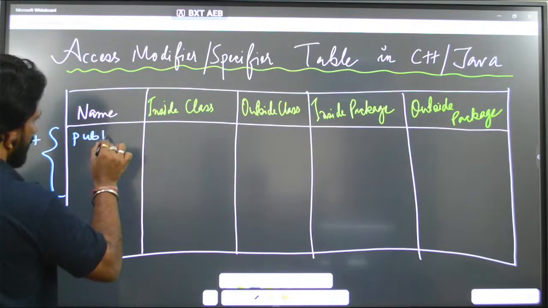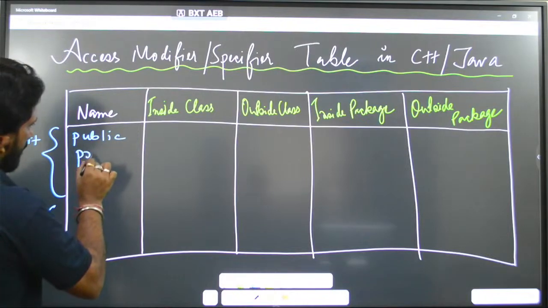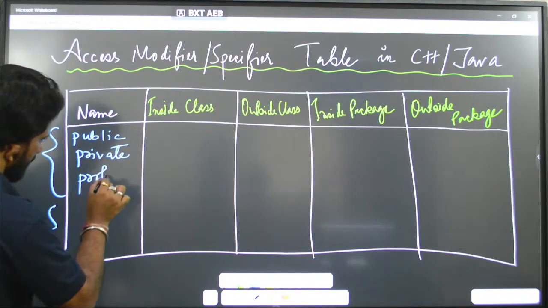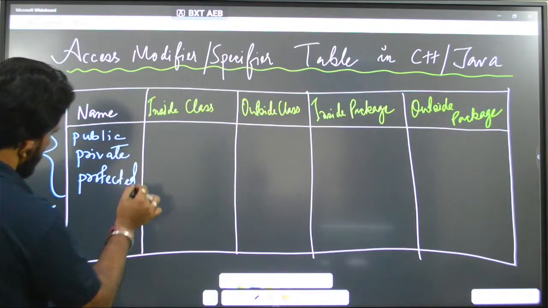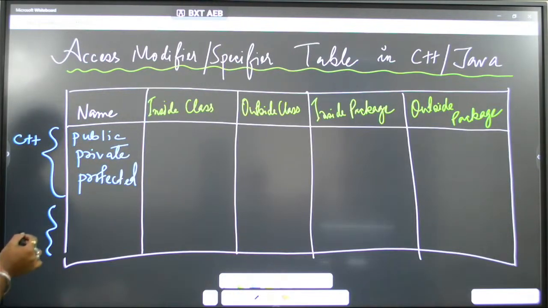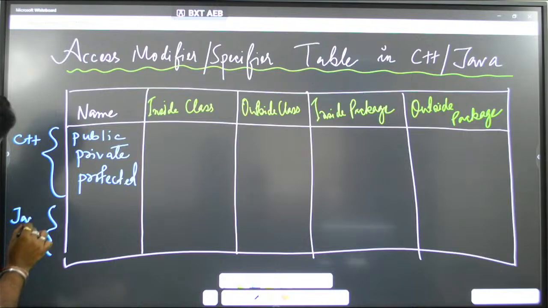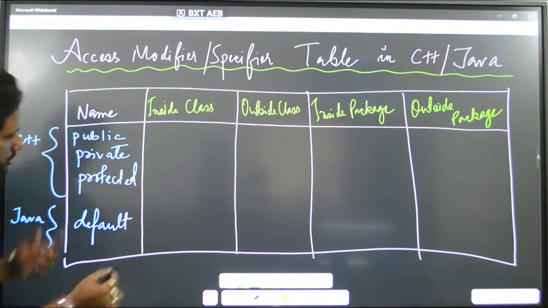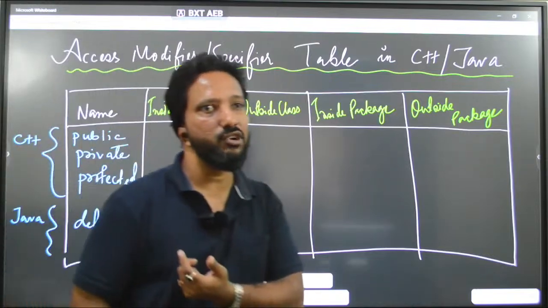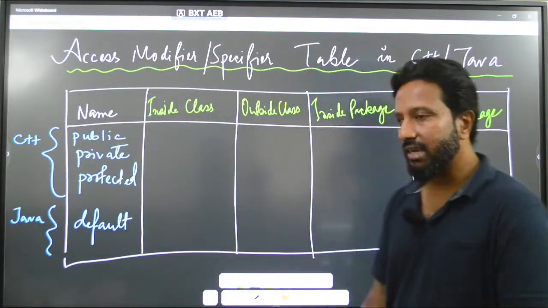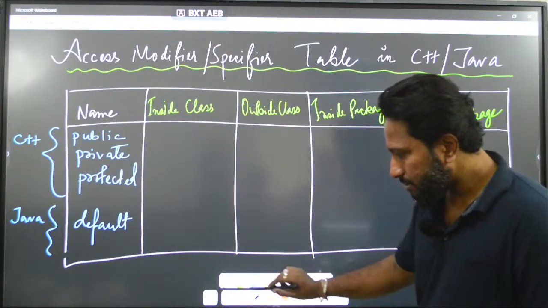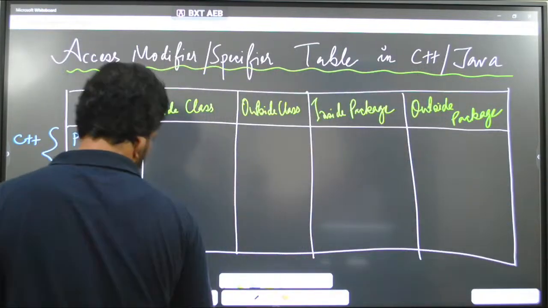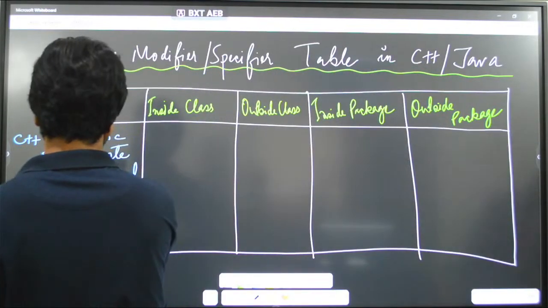Public, private, protected, and in Java you will have one more, which is default. It is not written, but if you don't write it, it is called the default access modifier. So I have already written this. Let me draw the lines so that it becomes easy for you to understand also.